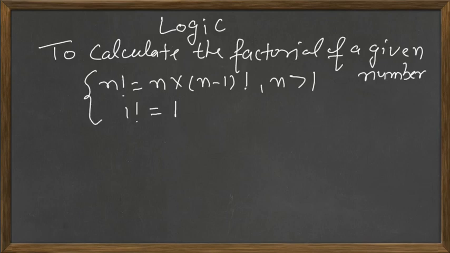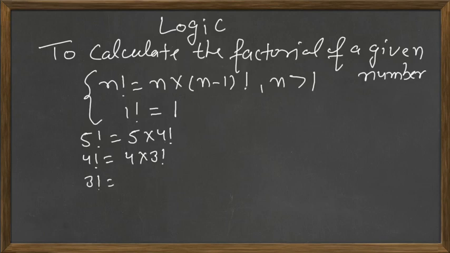If we take factorial of 5, 5 factorial is equal to 5 into 4 factorial, 4 factorial is equal to 4 into 3 factorial, 3 factorial is equal to 3 into 2 factorial, and 2 factorial is equal to 2 into 1 factorial, and 1 factorial is defined as 1.